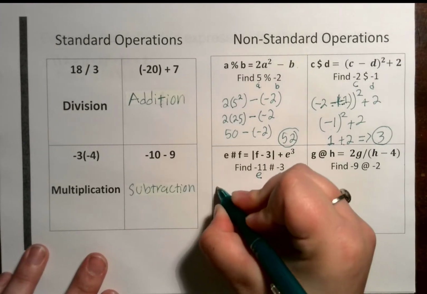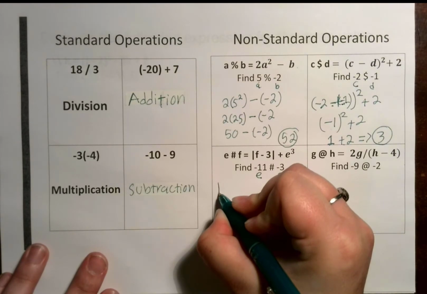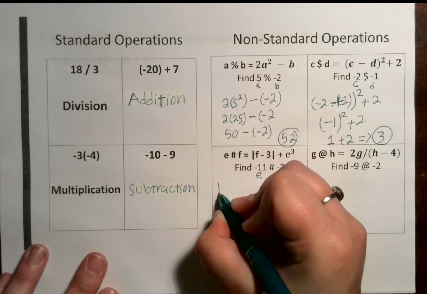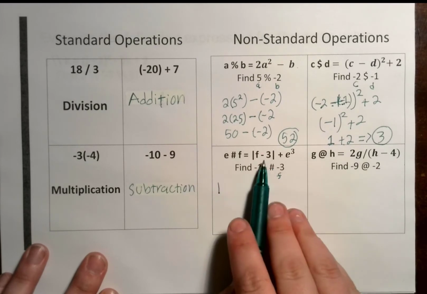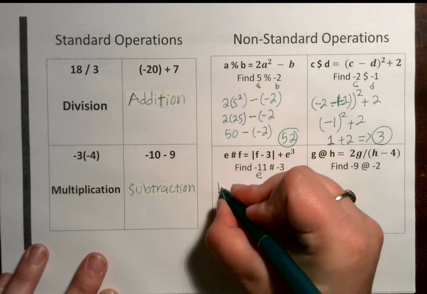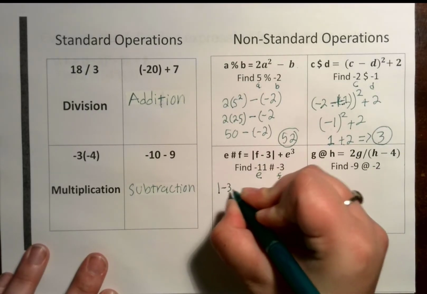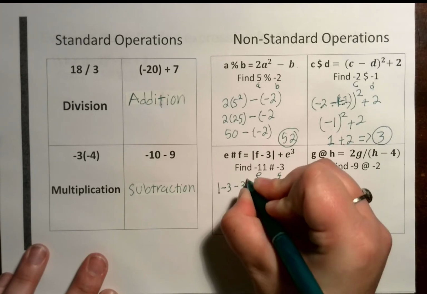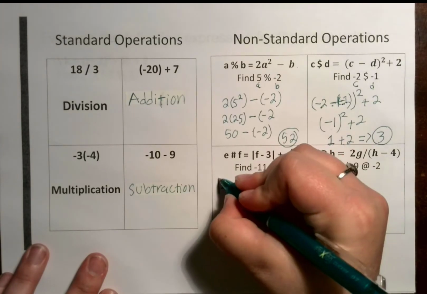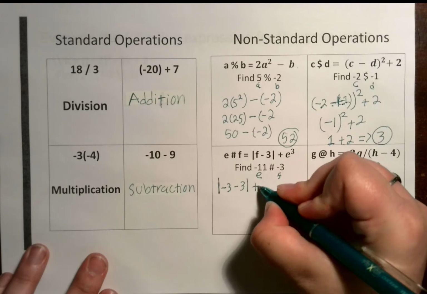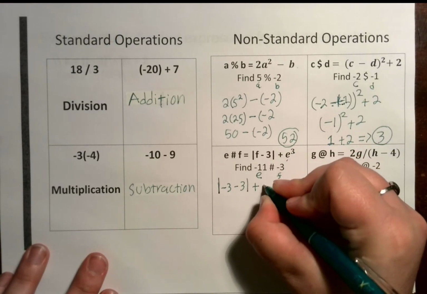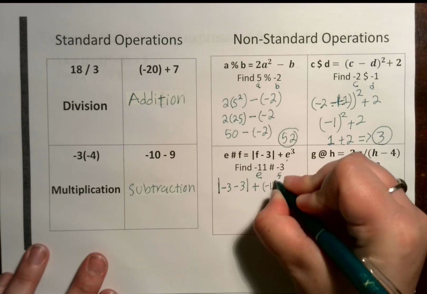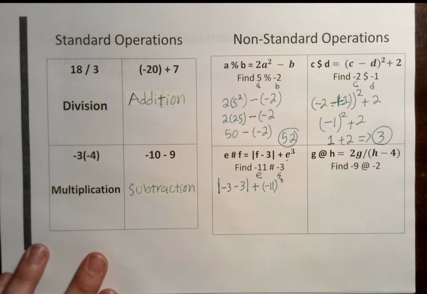So I'm going to plug those in. So my F is a negative 3, so I've got the absolute value of a negative 3 minus 3 plus E cubed, so negative 11 cubed.